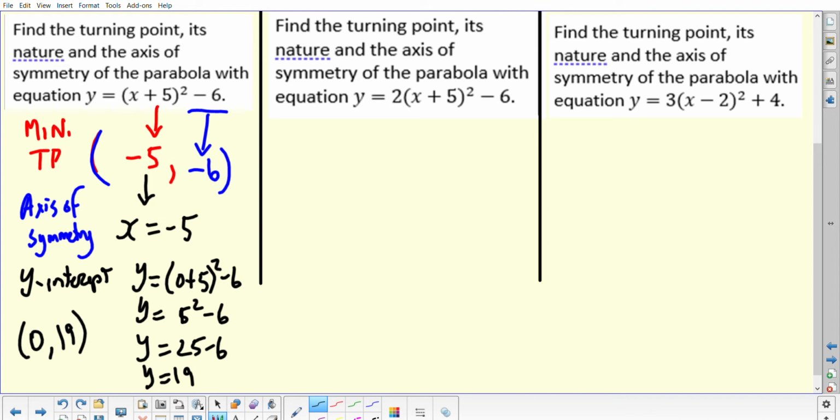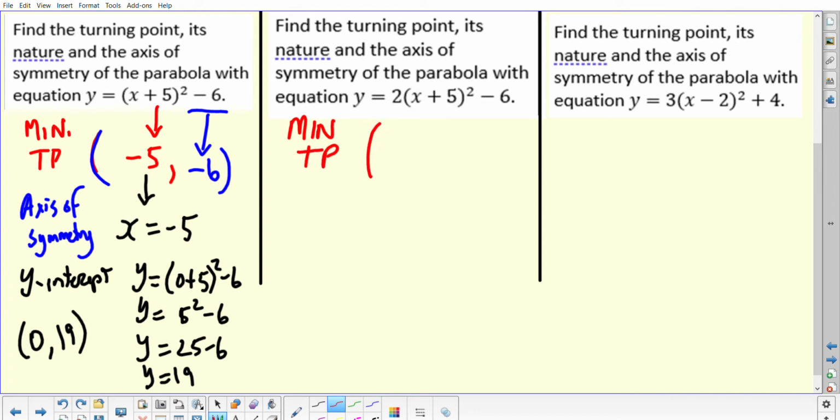For the second one, I need you possibly to change this. This might not match what you've got. If you could score out what you've got on your page and change anything that's different on my screen. So again, trying to identify the turning point, and it's a positive x squared, so I'm going to say it's a minimum turning point.